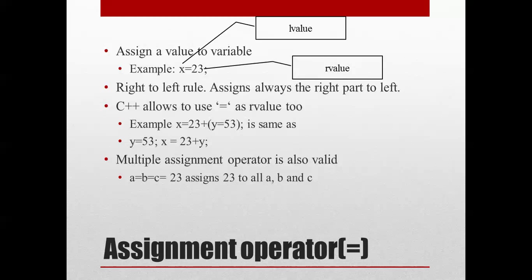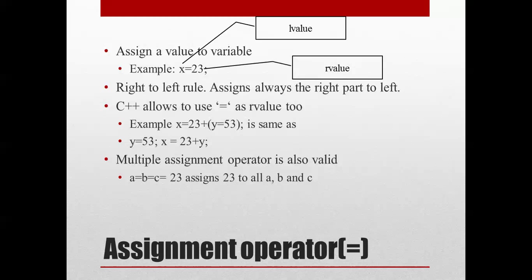So you can also use equals in the R value. For example, you can say x equals 23 plus y equals 53, which is the same as assigning 53 to y first and then saying that x is going to be equal to 23 plus y.